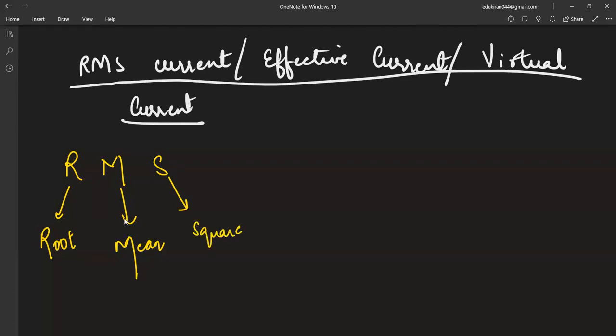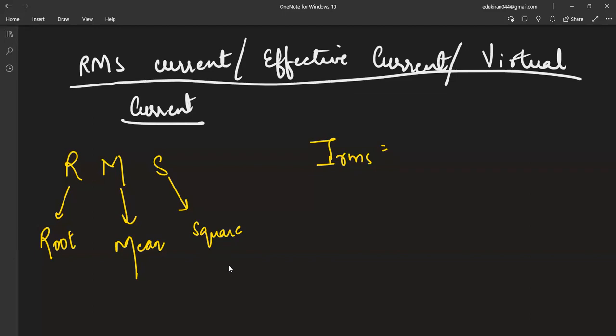So this is root, mean, square, right? Root first, mean second, then third, square. But when you're actually finding the RMS value, you reverse it.